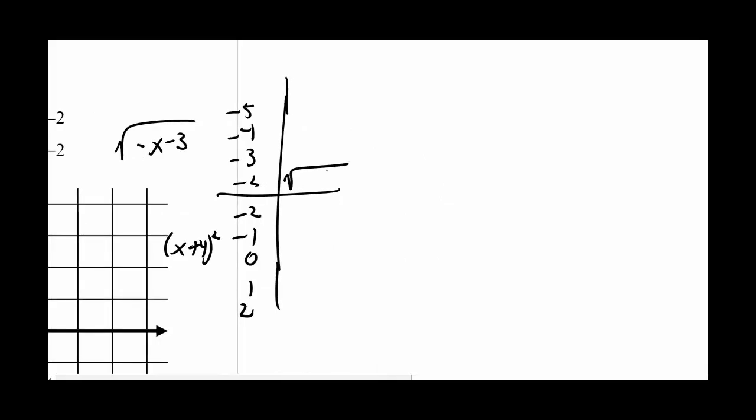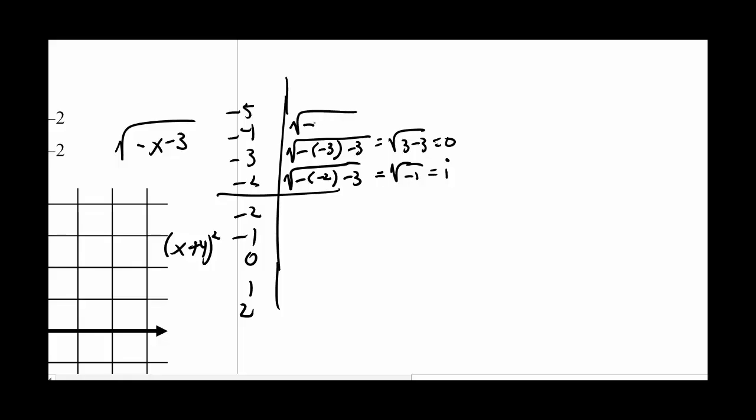So we have the square root of negative 2 minus 3. That would be the square root of negative 2 minus 3, so that's actually still negative 1. So that's an i. So that part doesn't exist, but it'll exist at this next part. So negative 3 minus 3 gives us 3 minus 3, which is 0.